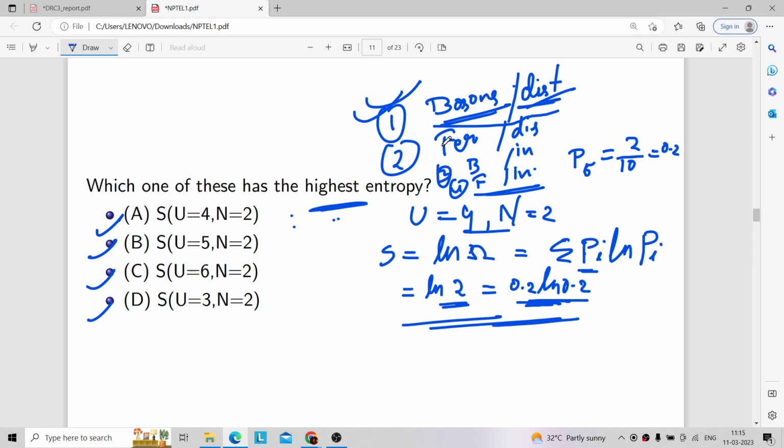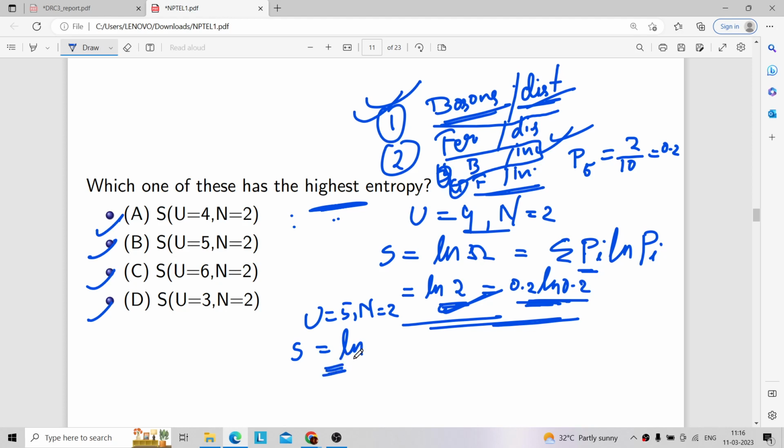So for this I'm just considering bosons indistinguishable. This case we have calculated some time before, so I am checking this. According to this my entropy is ln of 2. Similarly for this case, u equal to 5, n equal to 2, what is the entropy? Let's stick to one form of entropy only.